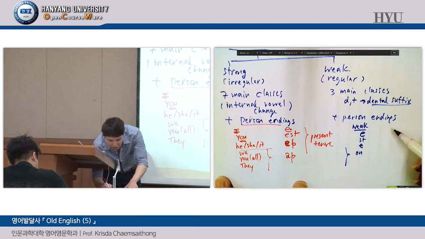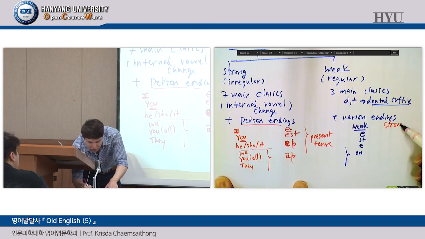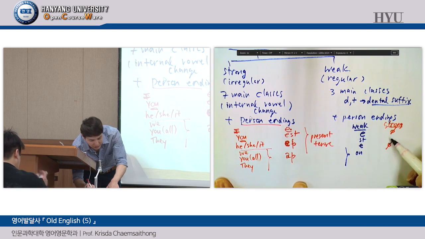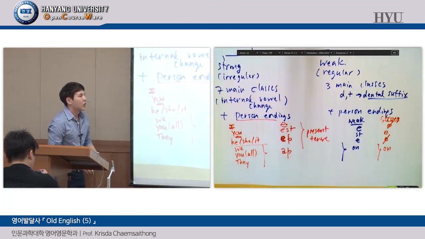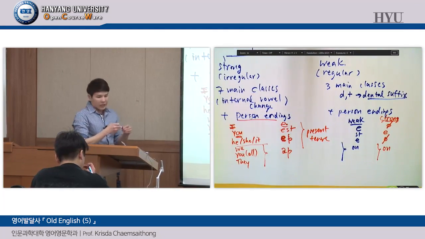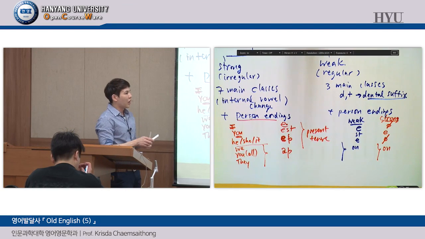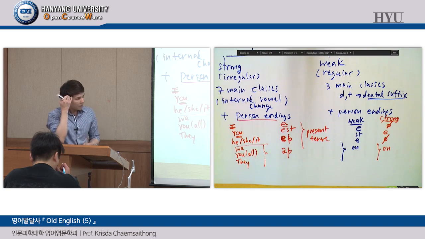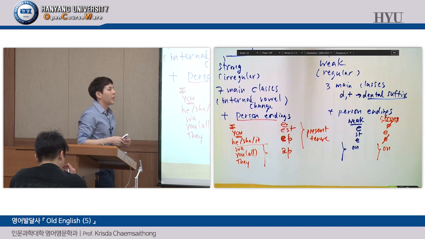And then for the strong pattern, strong is 0 first and 0 third. Second person would be E, and then everything else is ON. So there's this distinction between strong and weak here in the past tense, right?